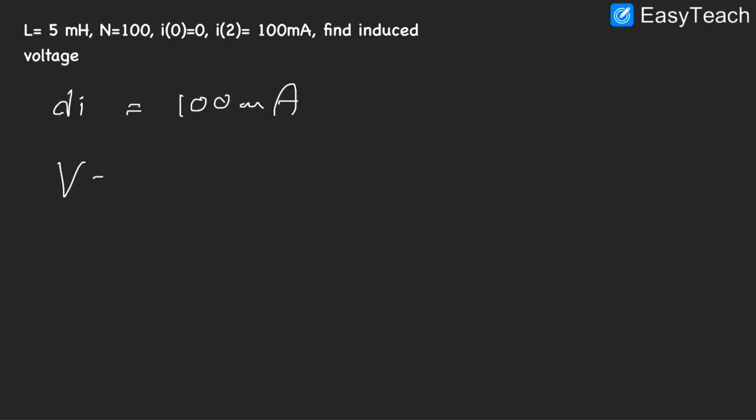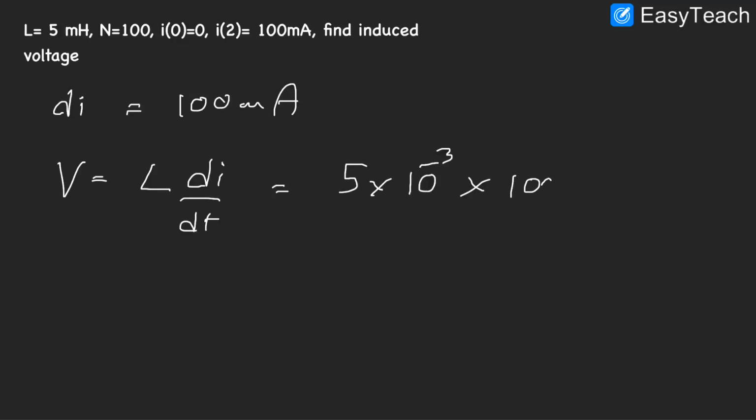So the induced voltage here is going to be inductance times di by dt. So it's going to be direct substitution. We got 5 millihenry, that is our inductance, and our di by dt is 100 milliamperes, and our dt is 2 milliseconds.